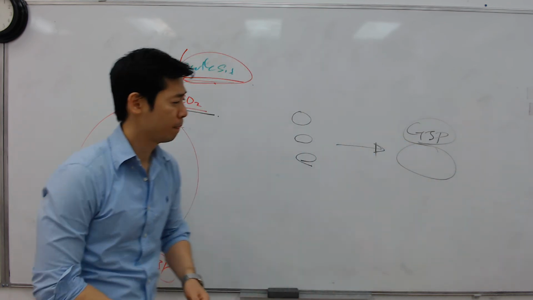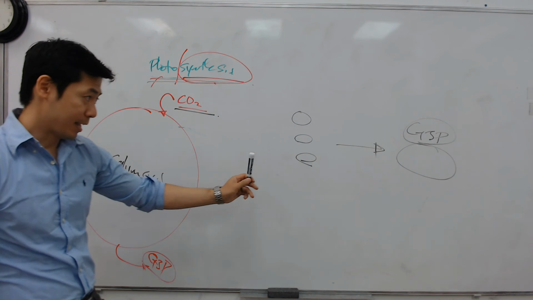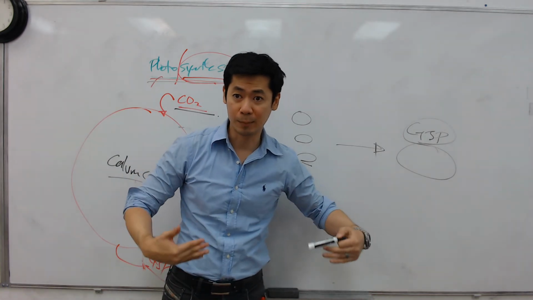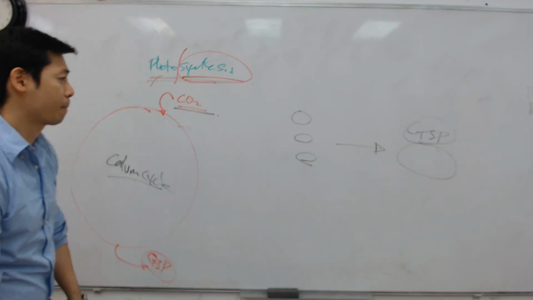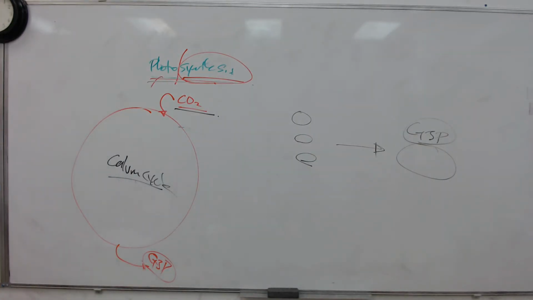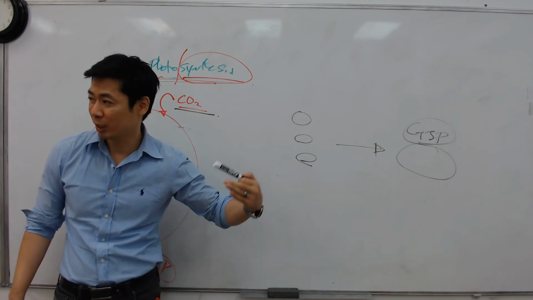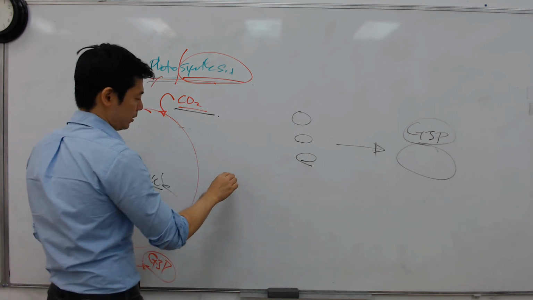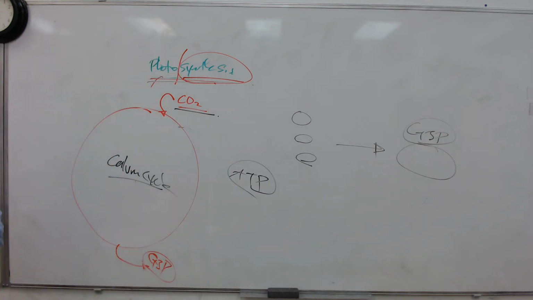This is what they call the anabolism process. As we discussed, as an anabolic process, what do they need? They need ATP. Energy is needed for this process, just like we talked about.